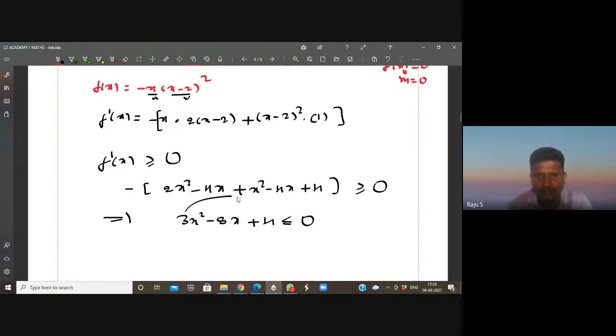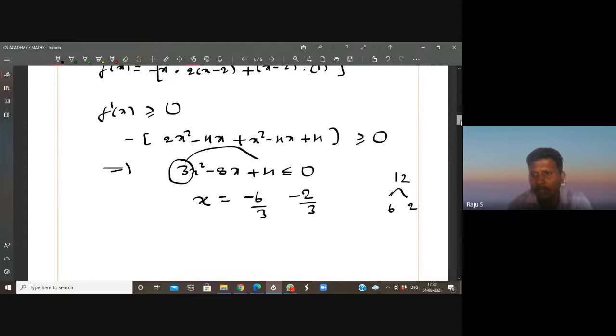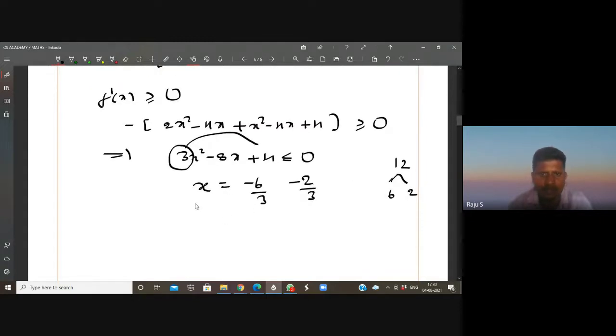Now 3 fours are 12. The factors of 12 to get minus 8: 6 and 2, am I right? So what are the x values? Minus 6, minus 2, divided by 3, because the x square coefficient is plus 3. After finding the roots, you divide by 3. Minus, minus, then plus, plus.